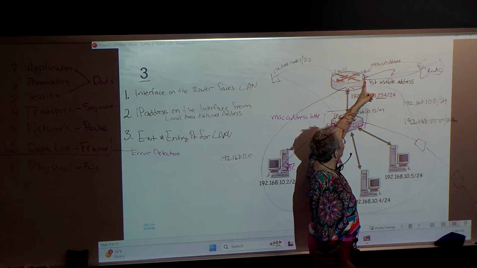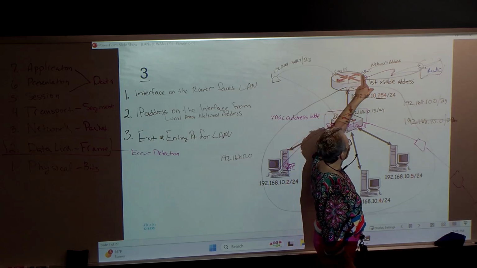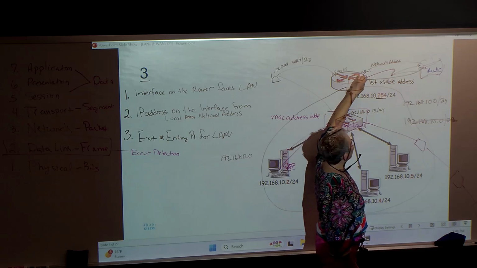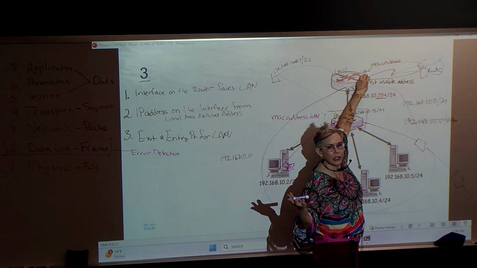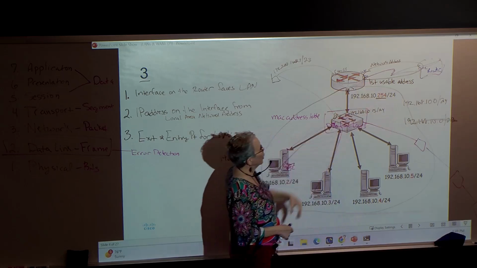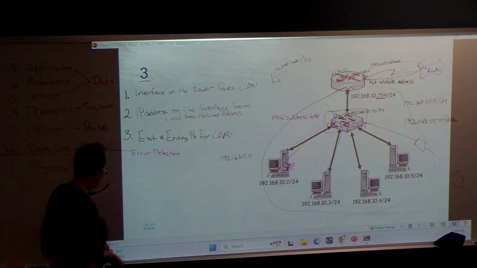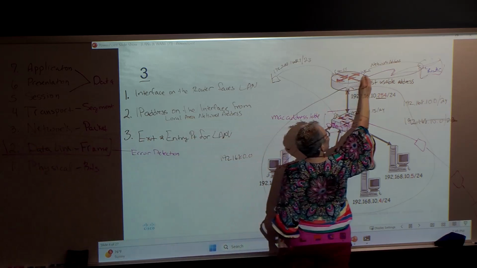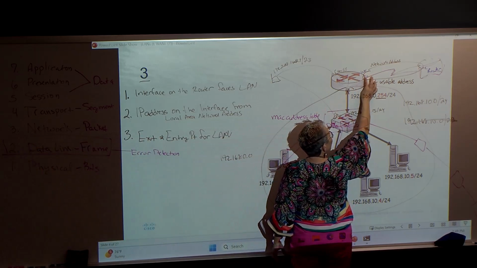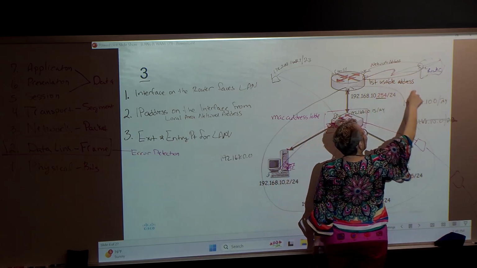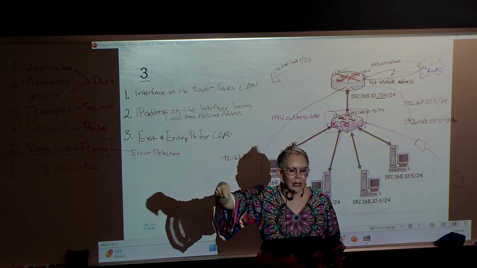Now, once it moves the packet or the frame to the interface right here, and it's got to move the data across, it's still just a layer 2 function. That's an important distinction to understand, because this WIC card or interface still needs to look at the media and determine what kind of media it is.